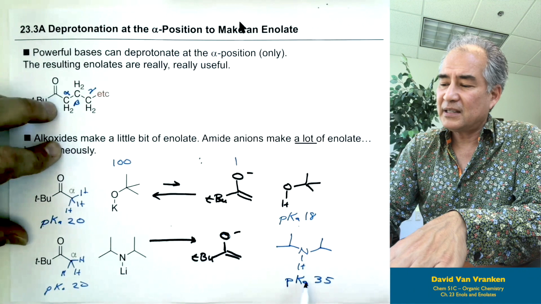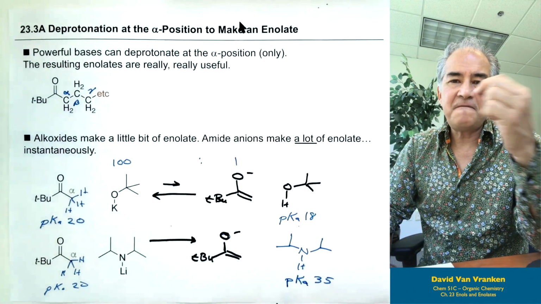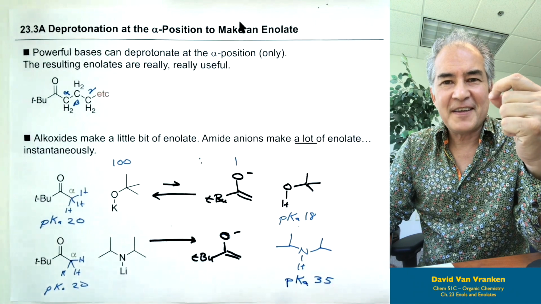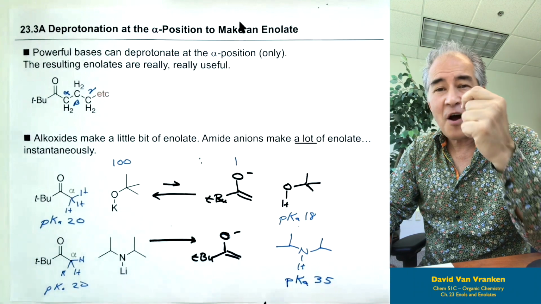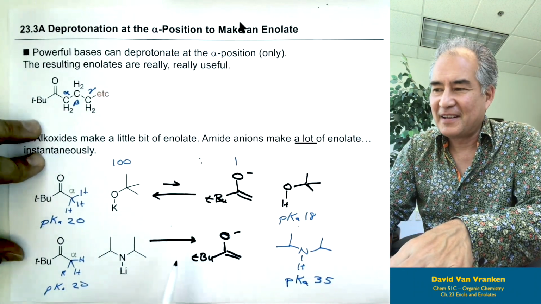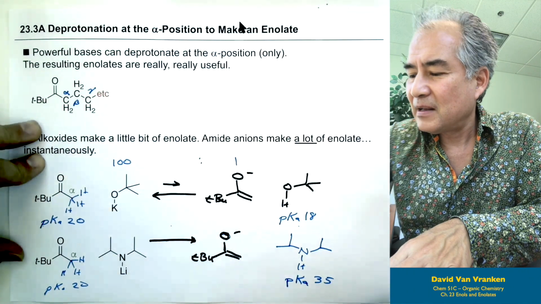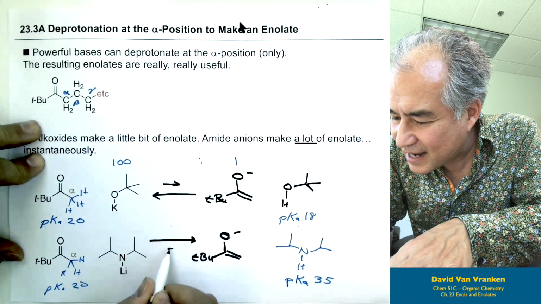But if you look at the difference here, it's not just 2 log orders difference, it's 15 log orders different, 10 to the 15. Like if I put 1 and 15 zeros, you're starting to get a sense for the equilibrium ratios here. I can't draw an arrow that's 10 to the 15 times smaller unless I drew it literally the size of the atom.